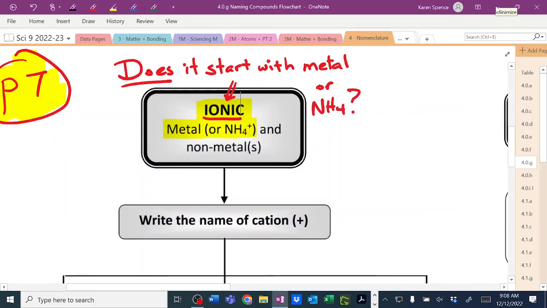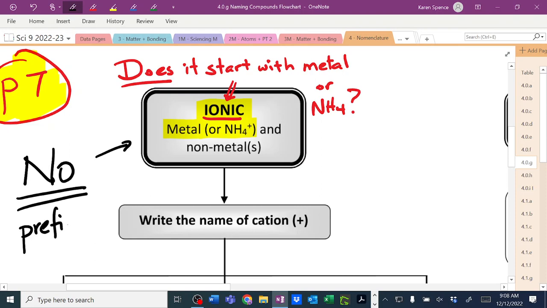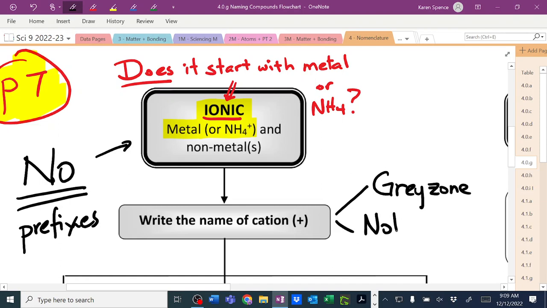If it starts with a metal or it starts with an NH4, it is ionic. Do we use prefixes? No. So you're basically just going to write the name of the cation, and for the cation you have to ask yourself, is it in the gray zone or is it not in the gray zone?